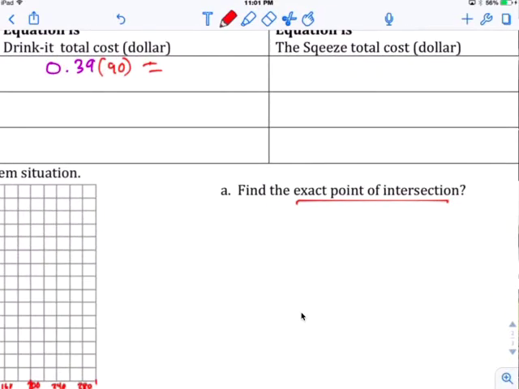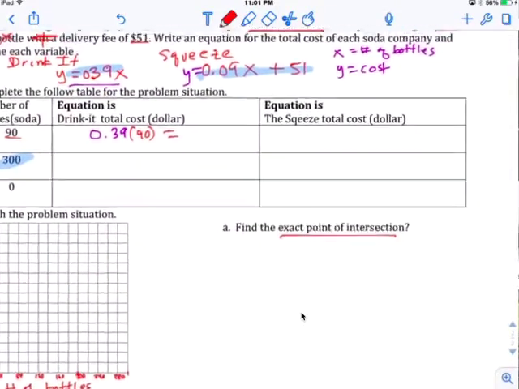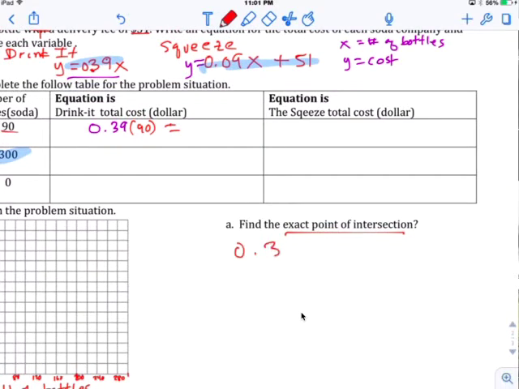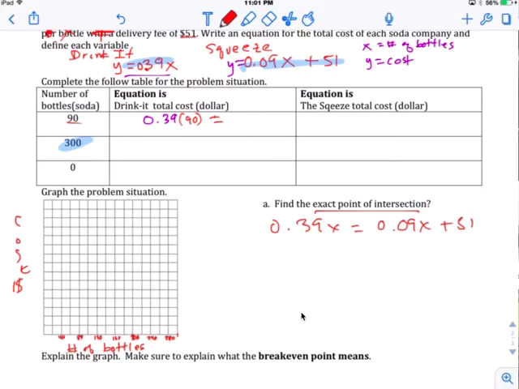So 0.39x equals 0.09x plus 51. Solve that for x, and then find y, and then graph it. On the table too, make sure it passes through it. I'm tired, so I'm going to quit. Maybe I'll try to remember to explain this second.